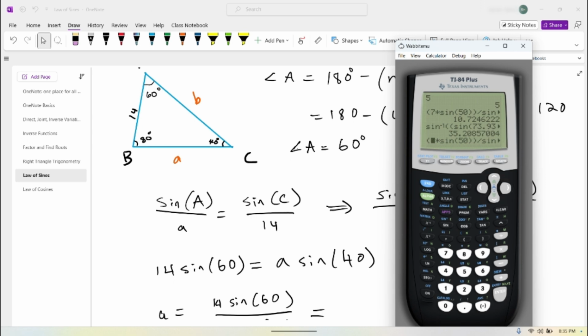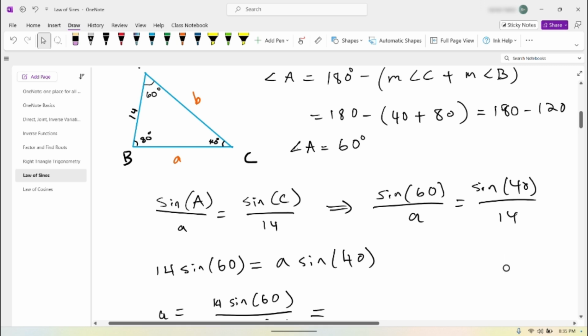So this is 14 times sine of 60 over sine of the other angle, 40. And we hit enter. So we get that side a equals 18.86. We're going to round to 2 decimal places.